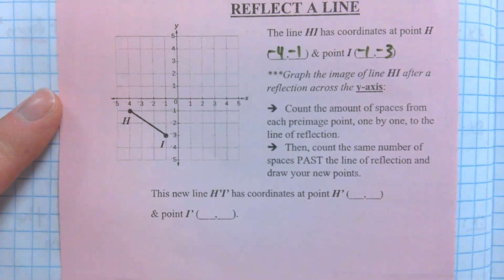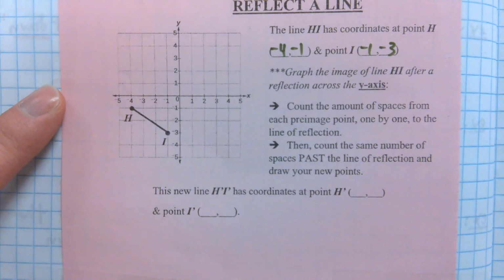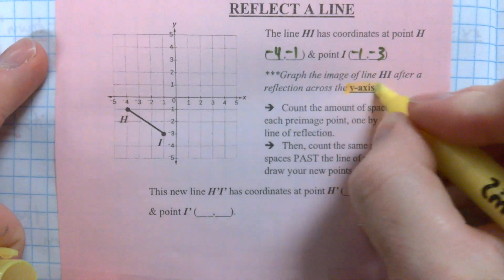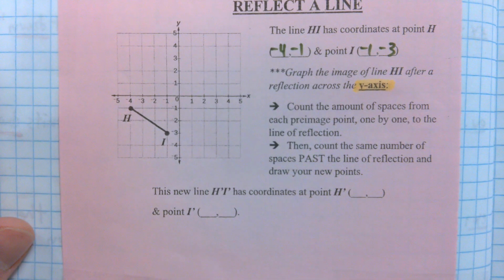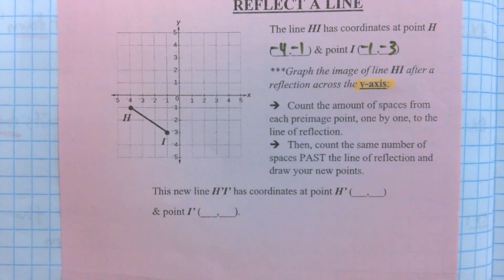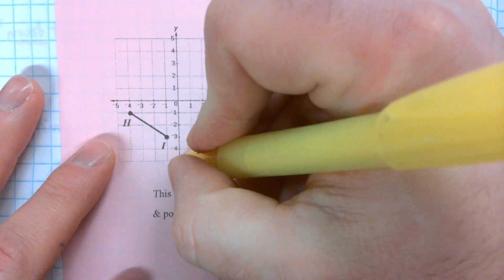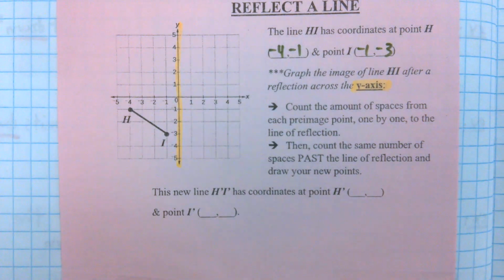We're going to graph the image of HI after reflection across the, now we're talking about the y-axis. So is my y-axis going up and down, or is it left and right? Up and down. I'm going to take a moment and highlight my y-axis just like that.